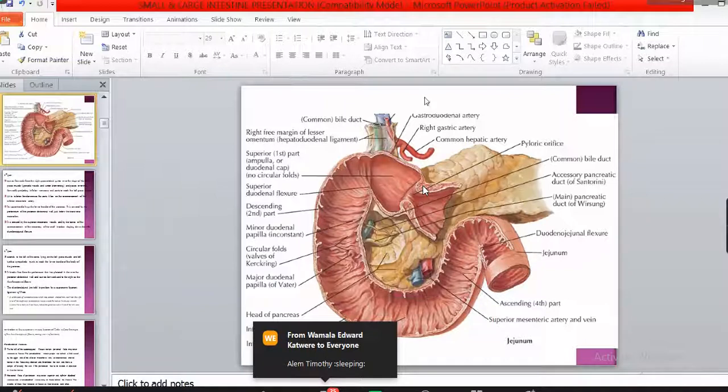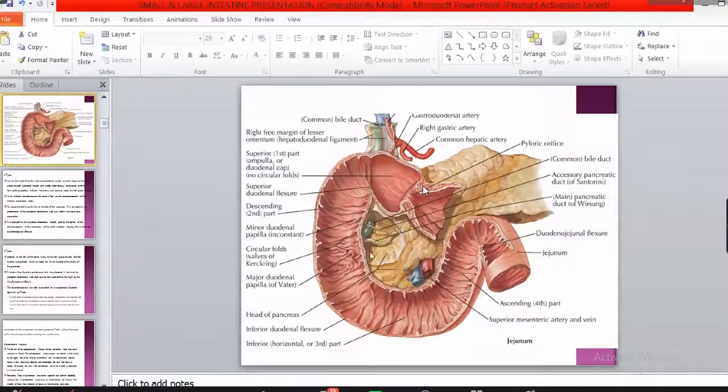Let's continue. The blood supply to the duodenum receives from portions that supply the midgut, which is the superior mesenteric, giving contributions to the anterior and posterior inferior pancreaticoduodenal arteries, and then the upper portion gets the anterior and posterior superior pancreaticoduodenal arteries, which come as branches from the celiac trunk.